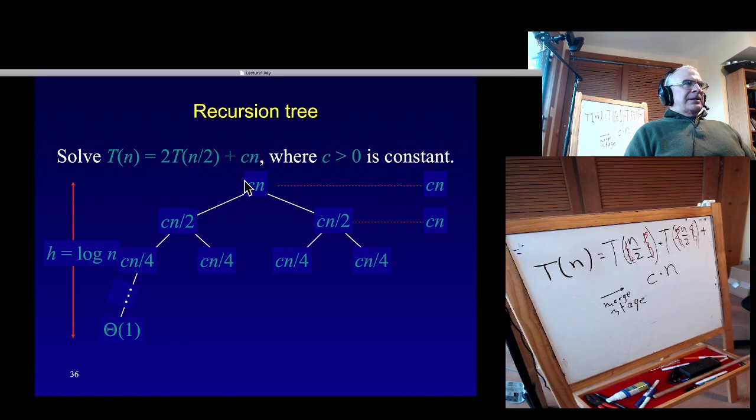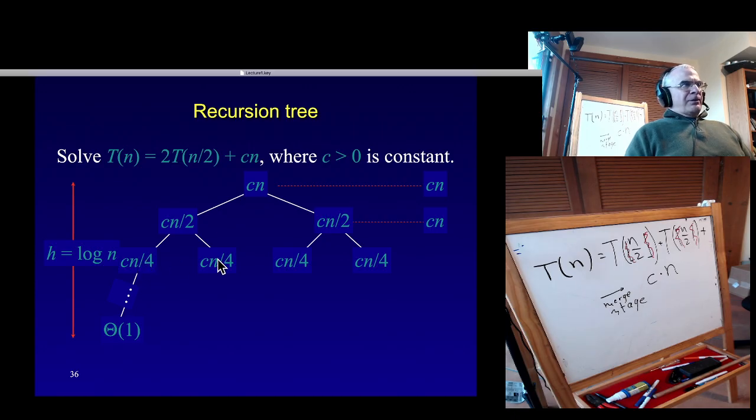In the topmost level, I spend c times n for the last merge. I also spend c of n half for the merge of the left part, plus c of n half for the merge of the right part. This plus this equals c of n once again. What about the merges of the quarter polygons?